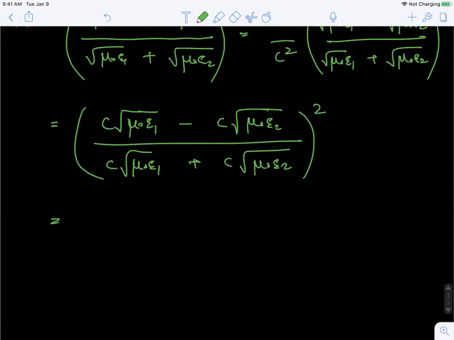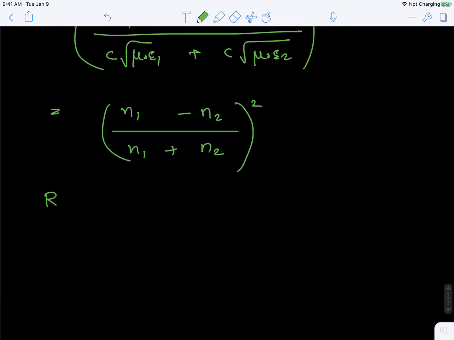We can write this as N1 minus N2 divided by N1 plus N2, whole square. So now we have an expression for R in terms of N1 minus N2 divided by N1 plus N2, whole square.